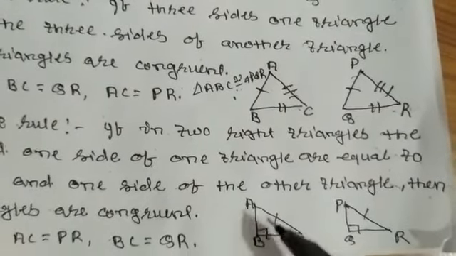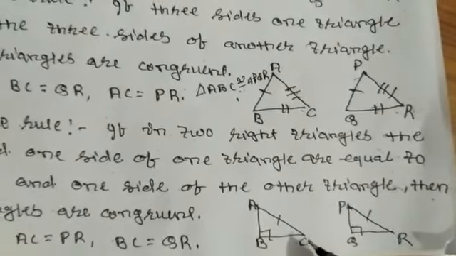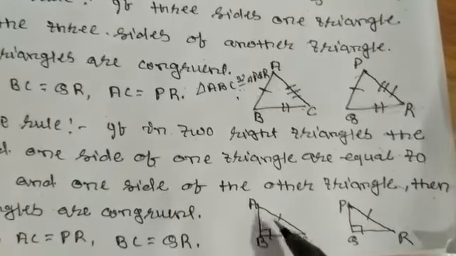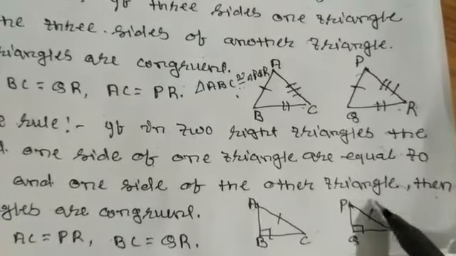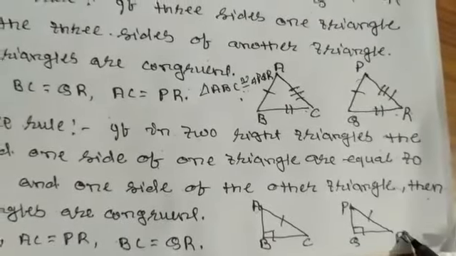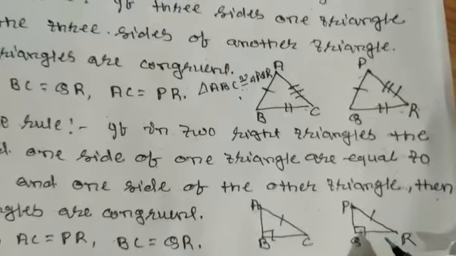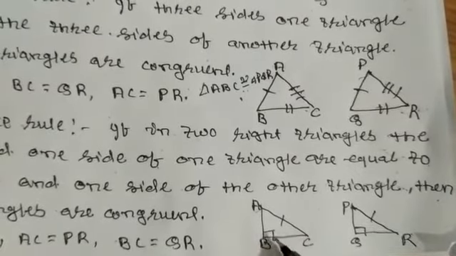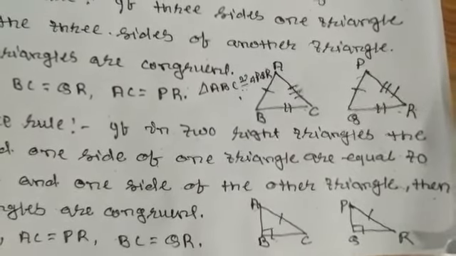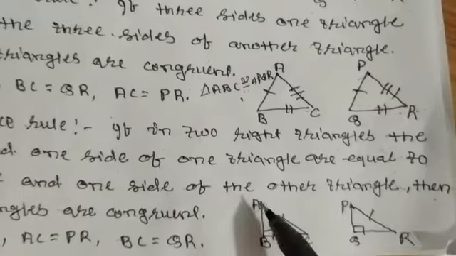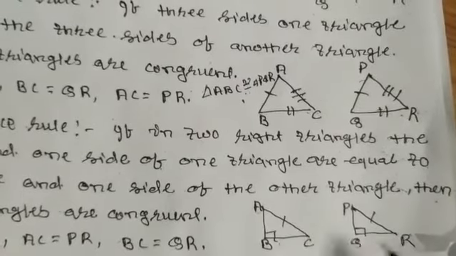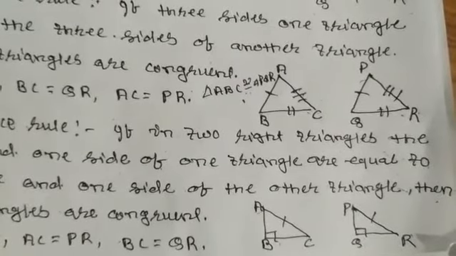Let's understand it by figure. We suppose ABC and PQR are two right triangles, with right angle at B and Q respectively. So AC and PR are their hypotenuses.